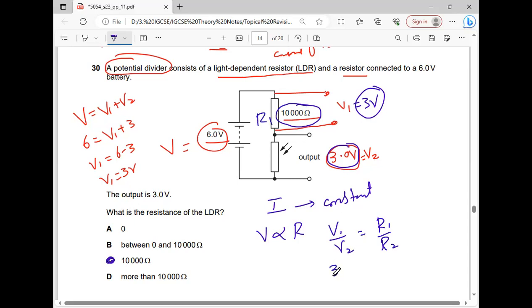So 3 over 3 is equal to 10,000 over R2. This will be cancelled. 1 is equal to 10,000 over R2, and R2 is equal to 10,000 ohm. So which option is correct? Option C is the correct answer.